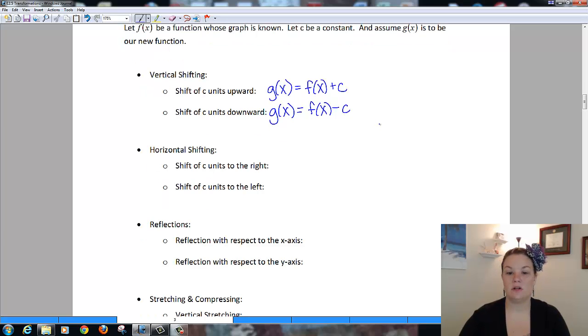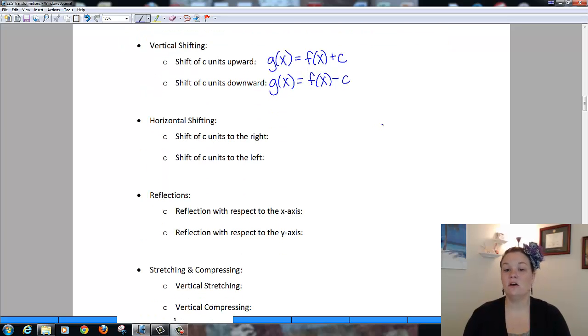Now I want to look at horizontal shifting. For horizontal shifting, when I go left and right, that's going to affect the x variable because the x is the horizontal axis. So I'm going to be adding and subtracting c inside the parentheses. Now the thing with x's is they're backwards from what we would think.